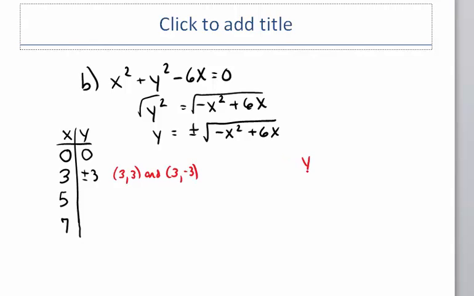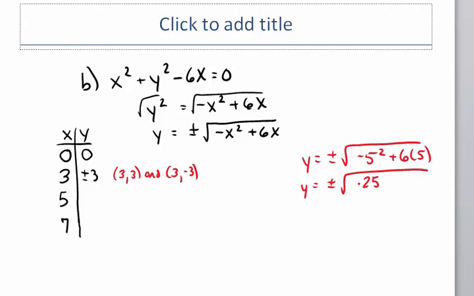That's our next x value. So negative 5 squared plus 6 times 5 underneath the square root. Again, we're going to square the 5, making 25, and then multiply by a negative. Negative 25 plus 30 gives me 5.